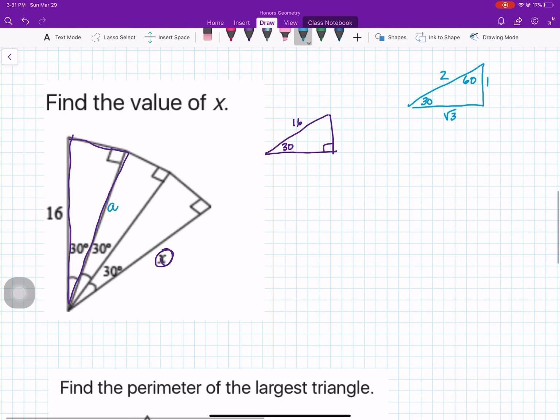I'll label it A, because this side is the hypotenuse of the second triangle. And then if I find this side here, which I'll label B, then I would have the hypotenuse of the third triangle, which would then help me find x. So that's kind of my game plan. I could find these sides out here if I wanted to, but I don't actually have to.